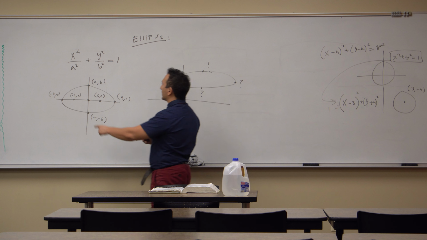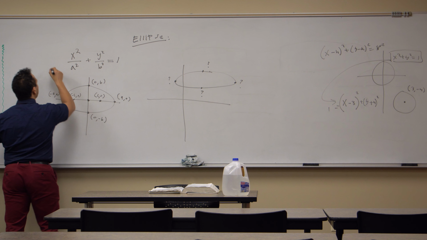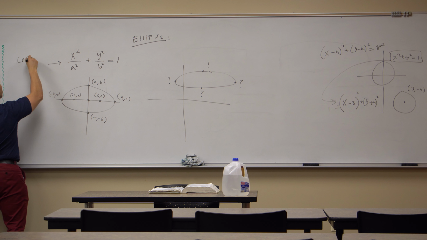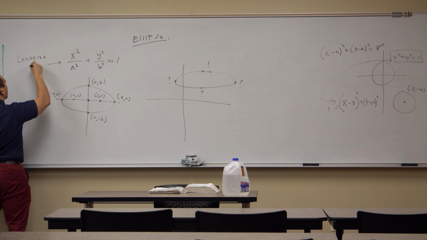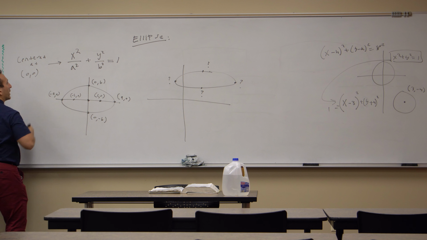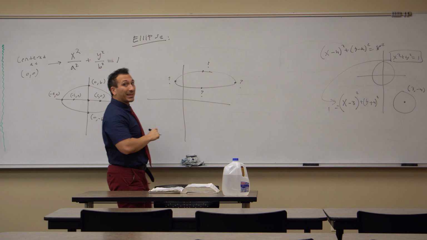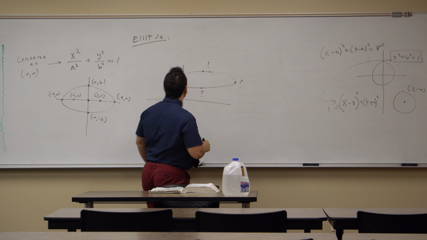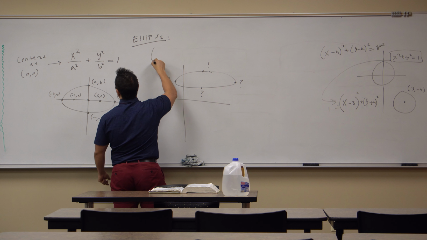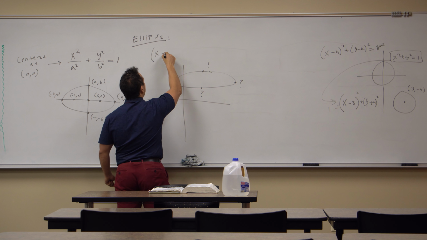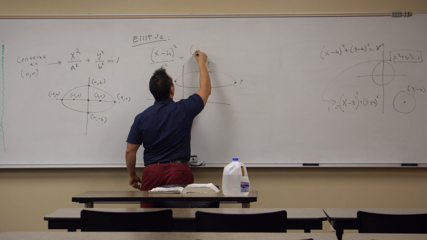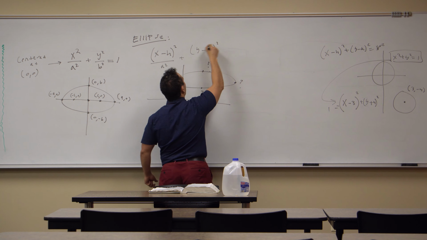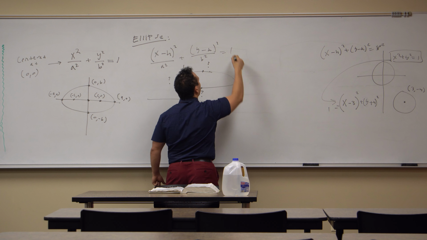Here, we can translate such an ellipse. This is centered at 0, 0. But we can center it elsewhere. We can center it at h, k. To center it at h, k, we can shift it like this. x minus h quantity squared all over a squared plus y minus k quantity squared all over b squared is equal to 1.